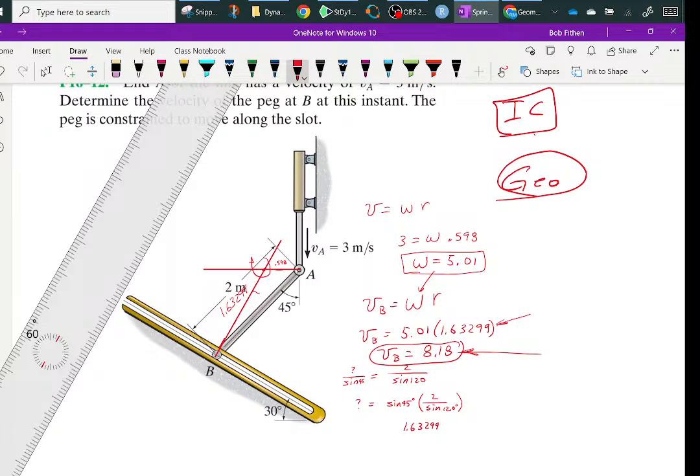So there may be something I threw away, digits in the wrong place or something. Or maybe, here, let me do the, I think that thing that came up, it was right. Sine of 45 over 2 divided by sine of 120. 1.63299.